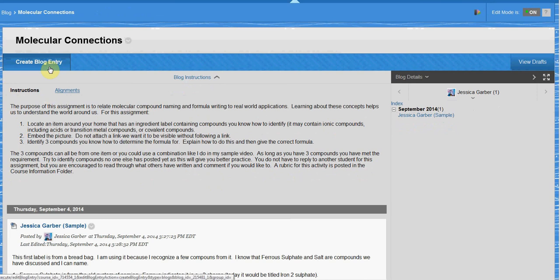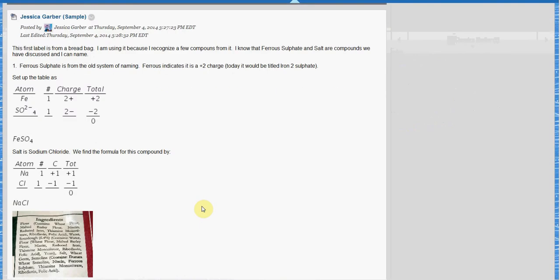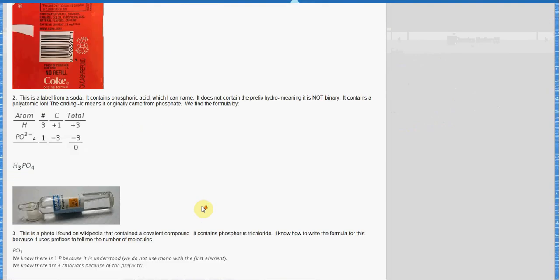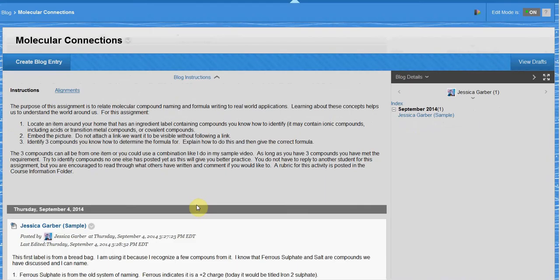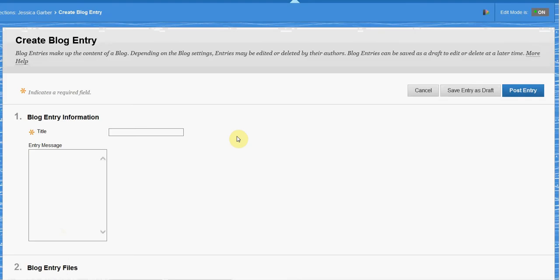Now, I'm going to do another blog entry. I do have one down here that shows several different labels, but I'm going to do one really quick to give you an idea of how to do this assignment.